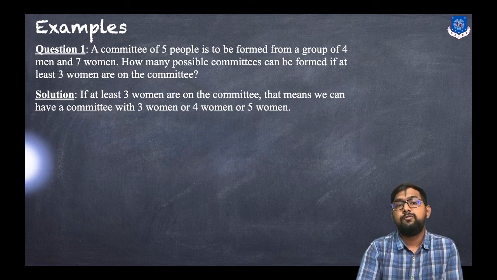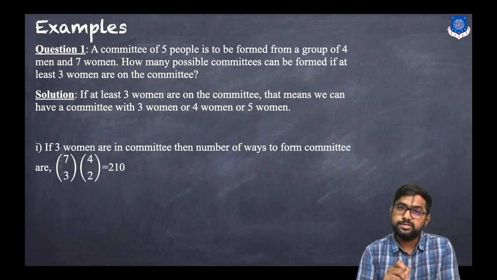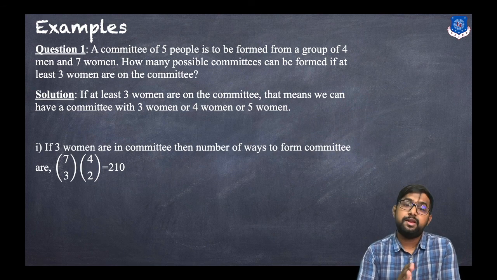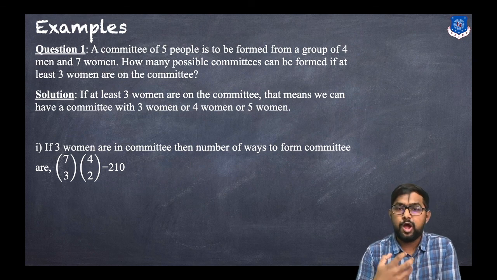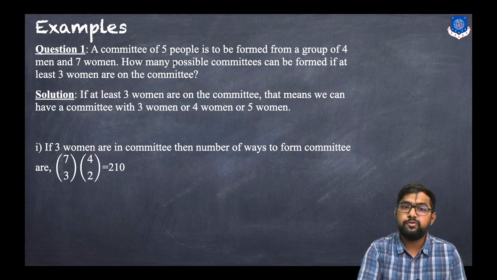So now the first step. If 3 women are in the committee, how many ways are there to form the committee? We want to form a committee of 5 people, and the first case is that the committee contains 3 women.